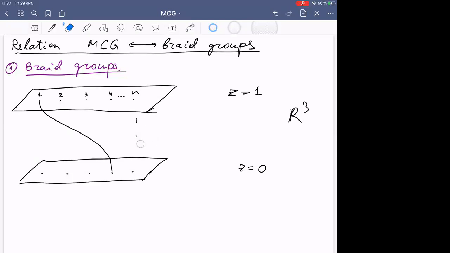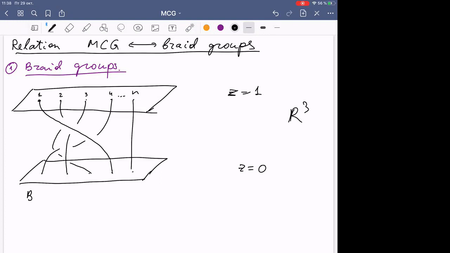Each strand starts from one of the points on the upper plane and finishes on one of the points below, and we get such a picture.